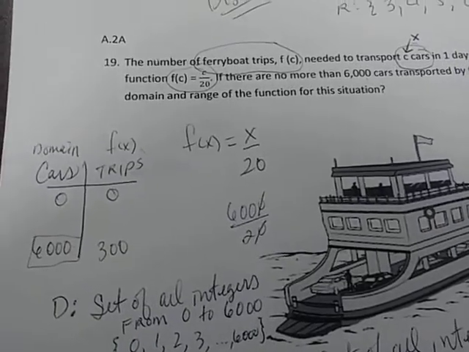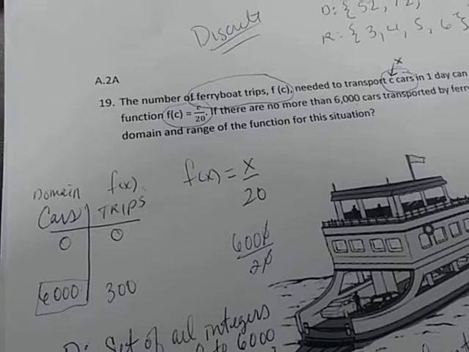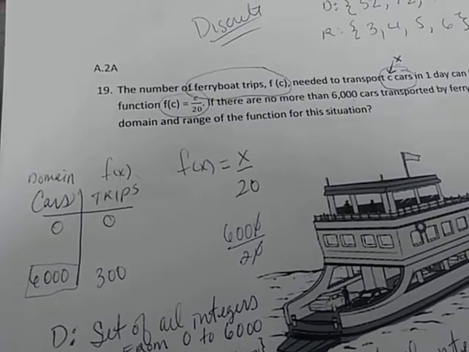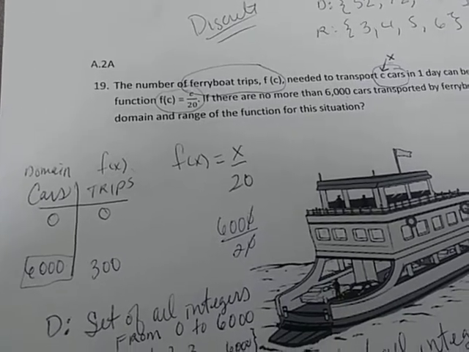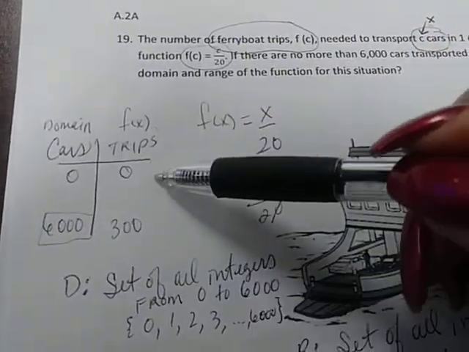And for those that are saying you can't have 0 cars, well, to each its own is what some people would say. Nonetheless, let's move on. It's a way of saying no cars, no trips.